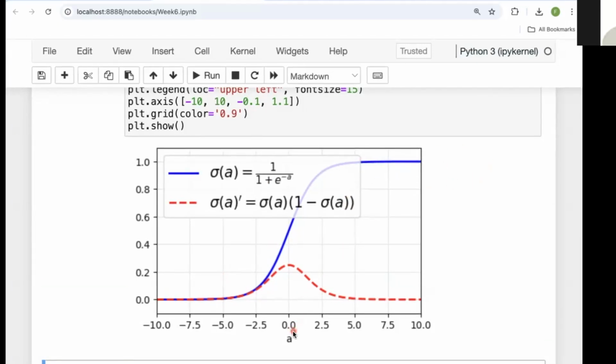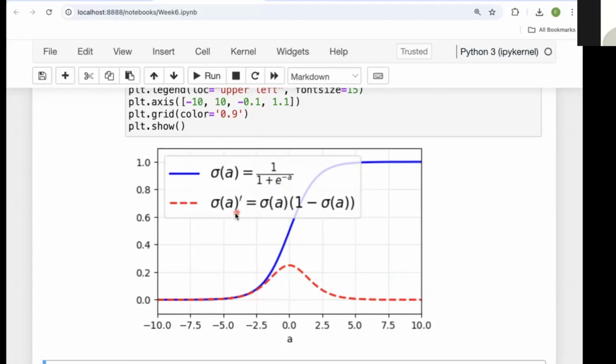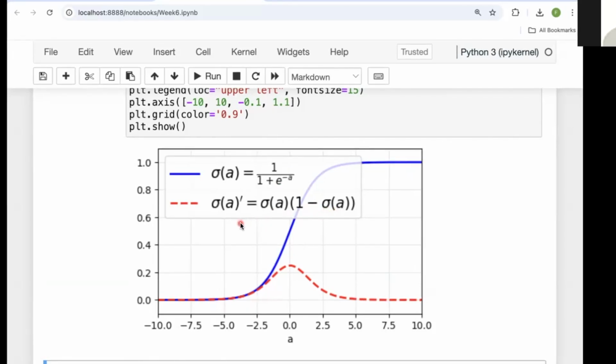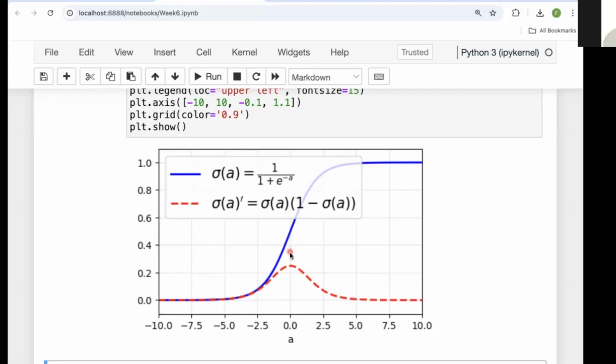And if you want to know, for example, what happens exactly at 0, you can see that if a equals 0, the sigmoid function is 1 over 2, so it's 0.5. So then the derivative at that point is 0.5 times 1 minus 0.5, which again is 0.5. And this gives us 0.25. And that's how we get this maximum value. So of course, we can do more mathematical analysis on this function, but I think this plot says a lot about the behavior of this function.